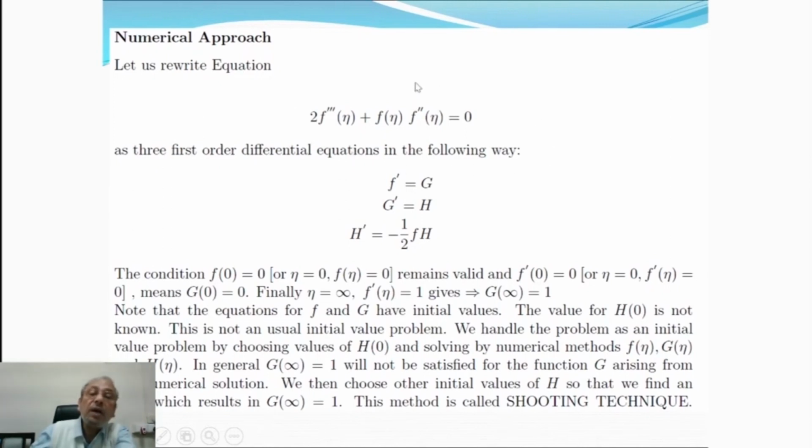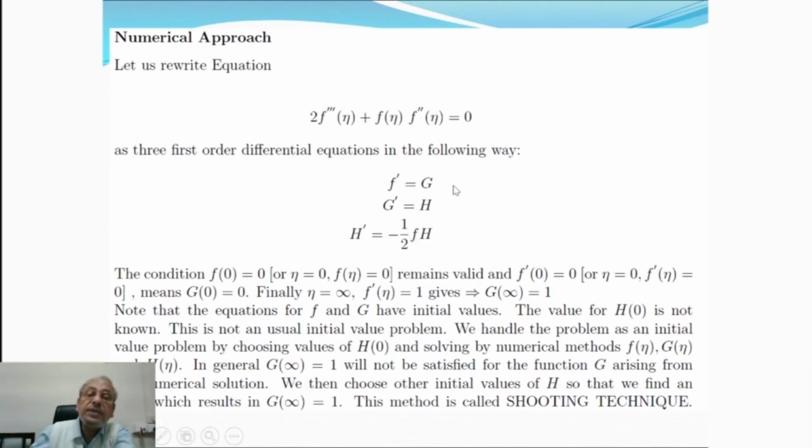This third order nonlinear equation can be expressed as a combination of three first order equations, where f prime is g, g prime is h, and h prime is minus half f into h.